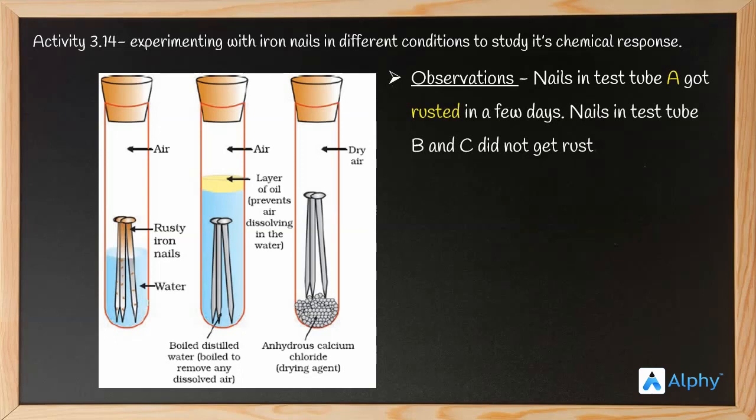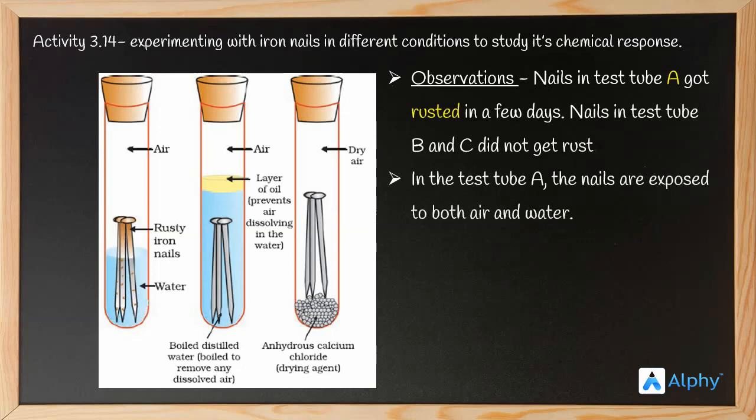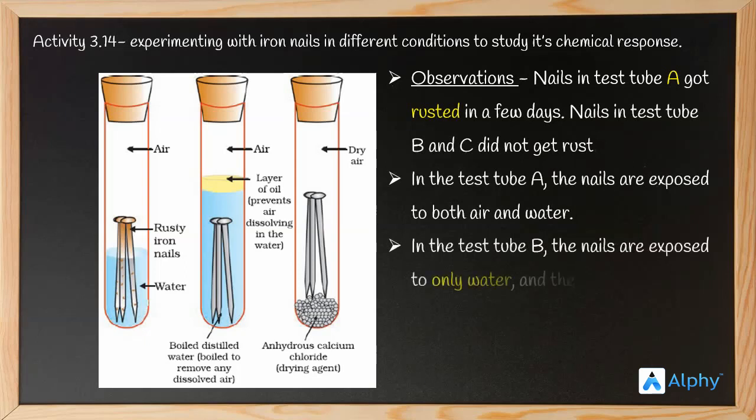Okay, so how can we infer what happened? In test tube A, the nails were exposed to both air and water. In test tube B, the nails were exposed to only water, and the nails in test tube C were exposed to only air.